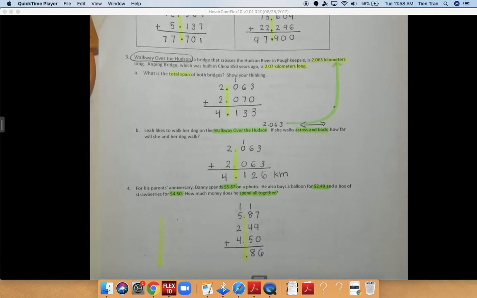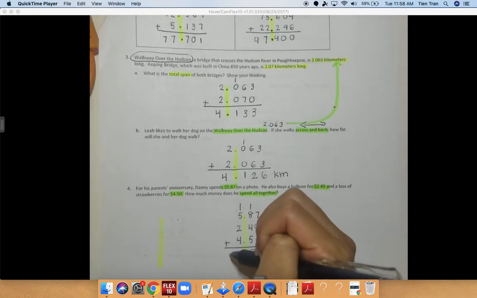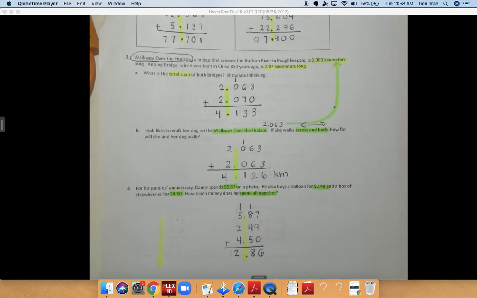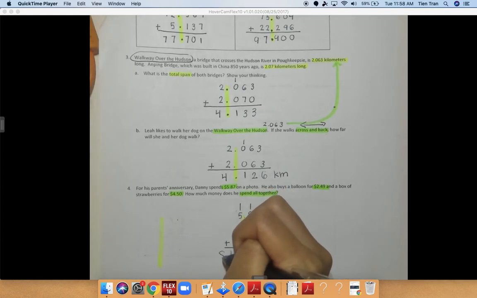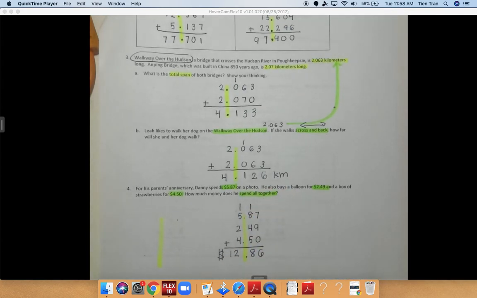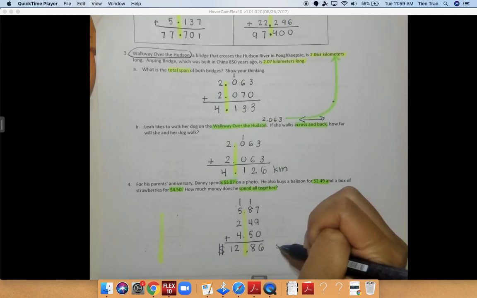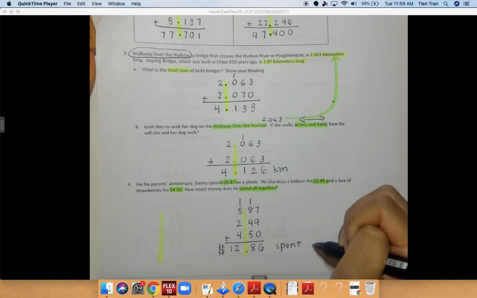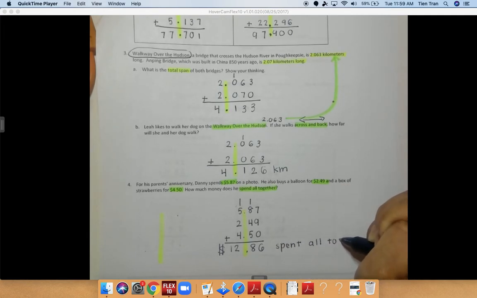And 8 plus 4 is equal to 12. So you should be getting $12.86, right? Let me double check. Yeah, okay, $12.86. So that's the money that he spent all together.